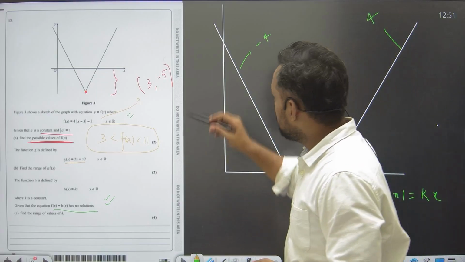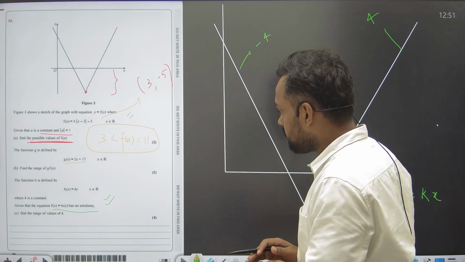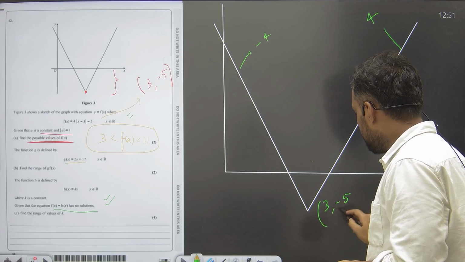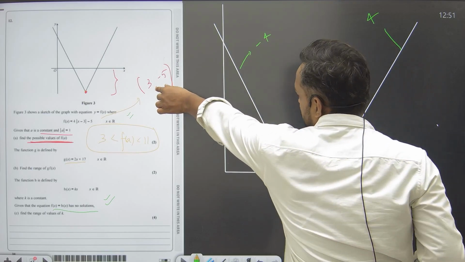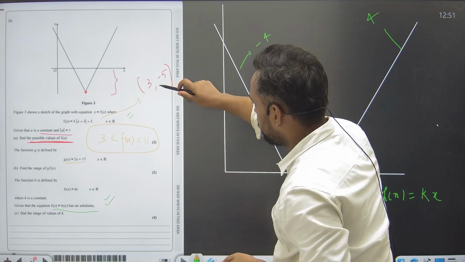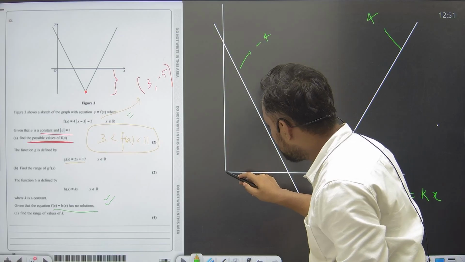This is the slope of this line, this is the slope of this line. Now, this was the point (3, -5), which we calculated the first time, that the vertex will be (3, -5). This is (3, -5). This is (0, 0).